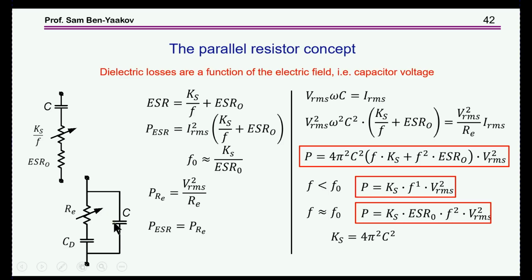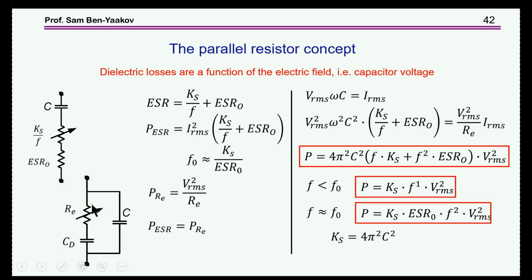But here you have DC, and if this is a resistor, you'll have losses due to the DC too. So therefore, you have to put an additional capacitor, which is just a DC blocking capacitor, so that the losses here will be just a function of the voltage on the capacitor. Okay? So this is an alternative approach.